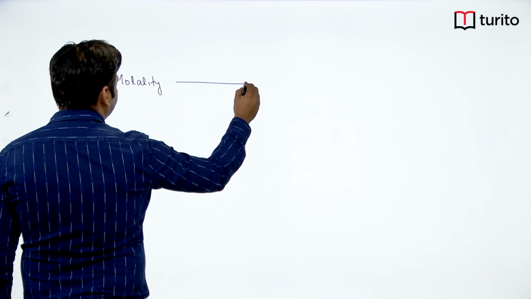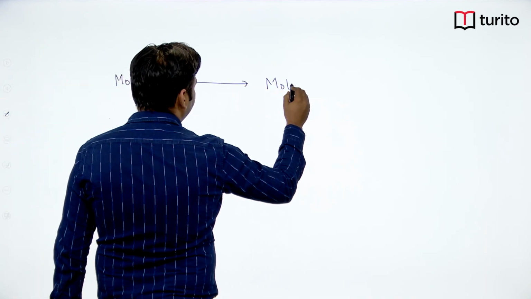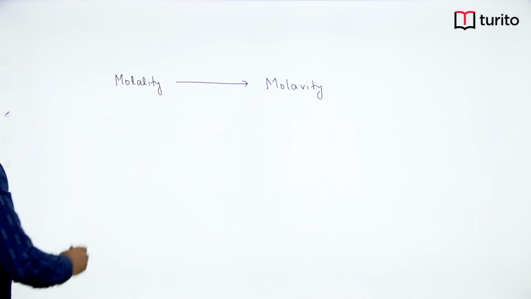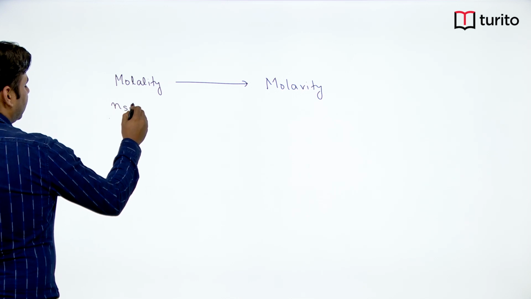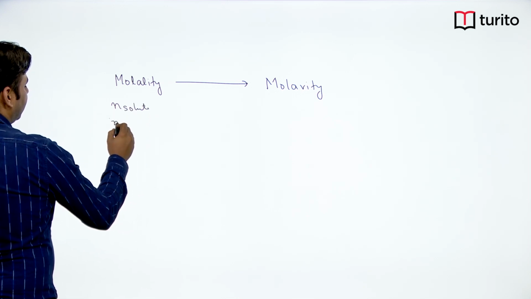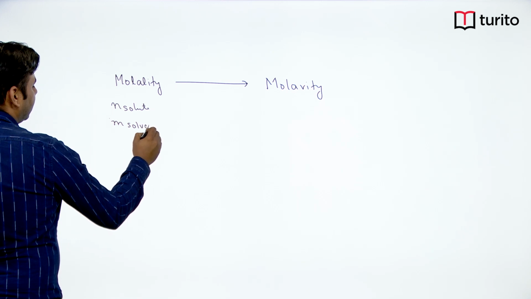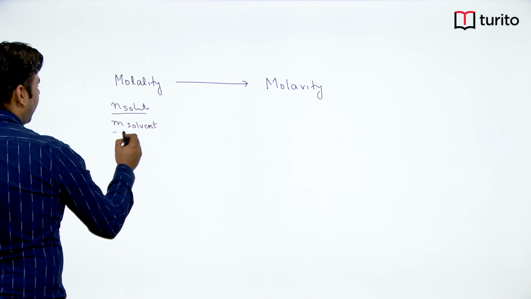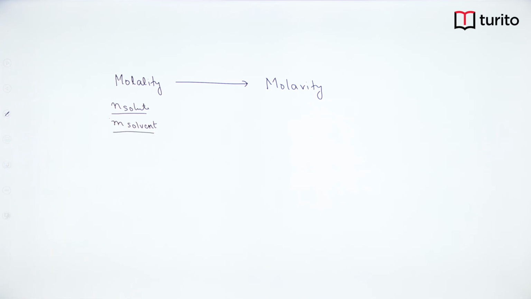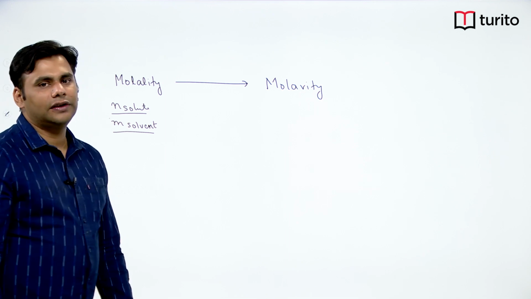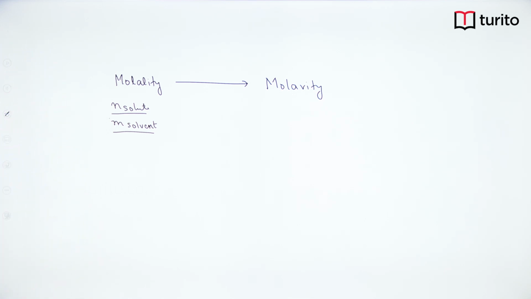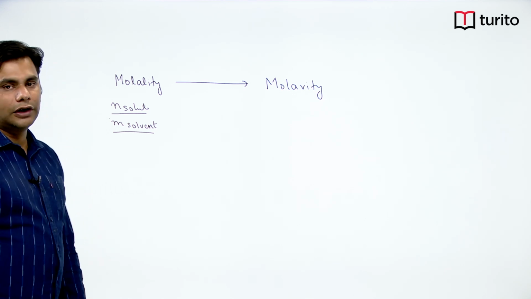okay, so what we'll do over here is, when we know the molality, we know the moles of solute and the mass of solvent. Suppose it has been given to us that 0.1 molal HCl is there. So we'll say that 1 kg of water contains 0.1 moles of solute.